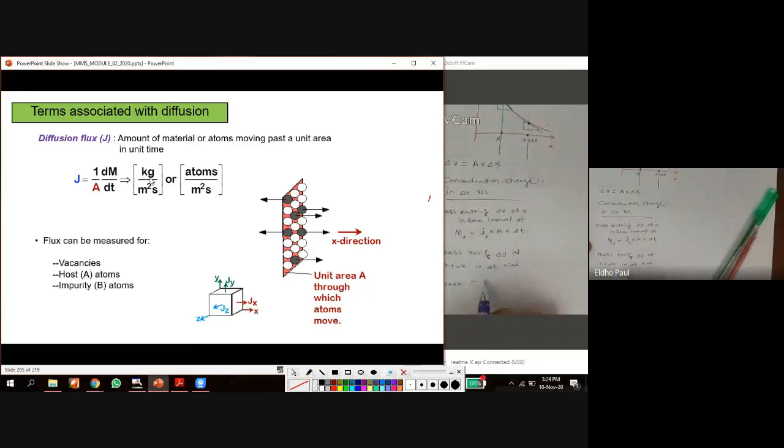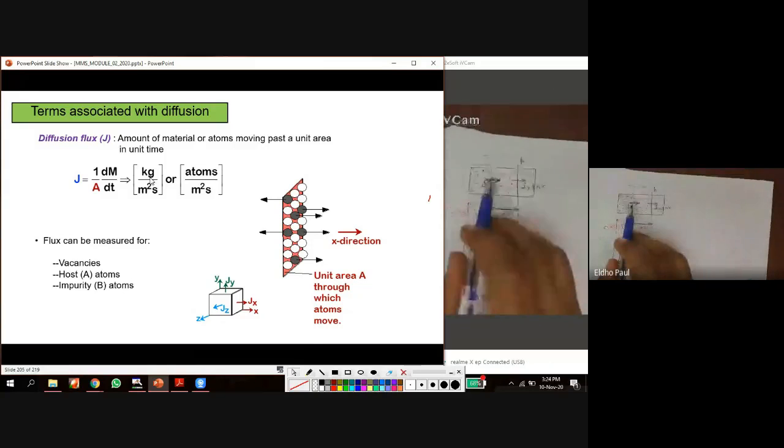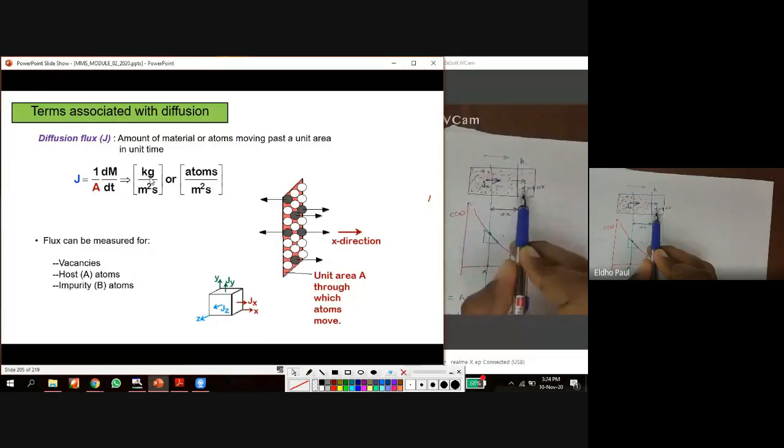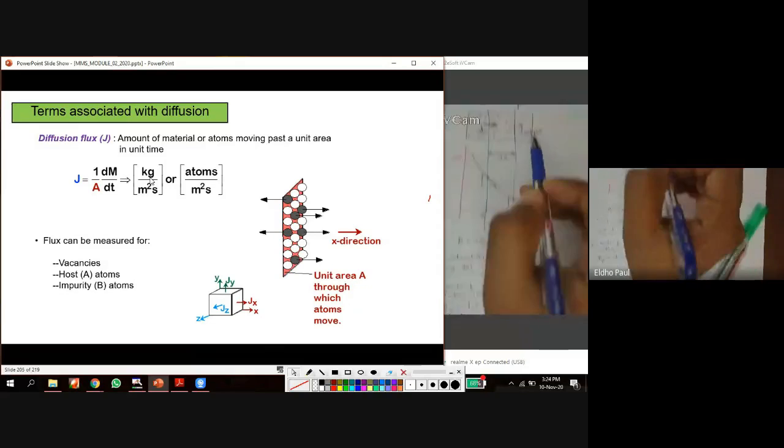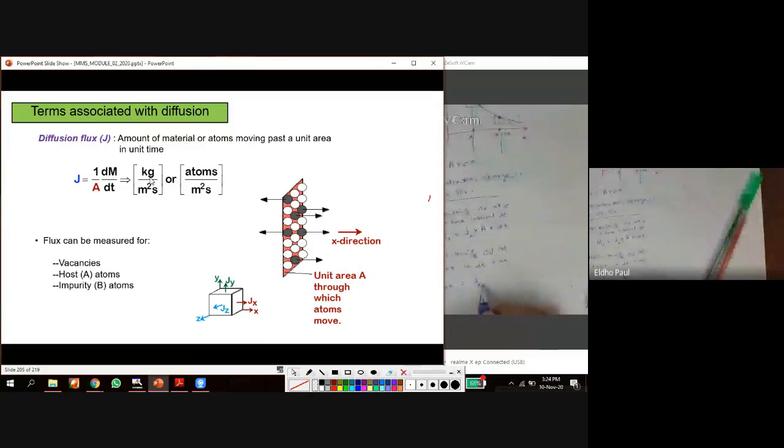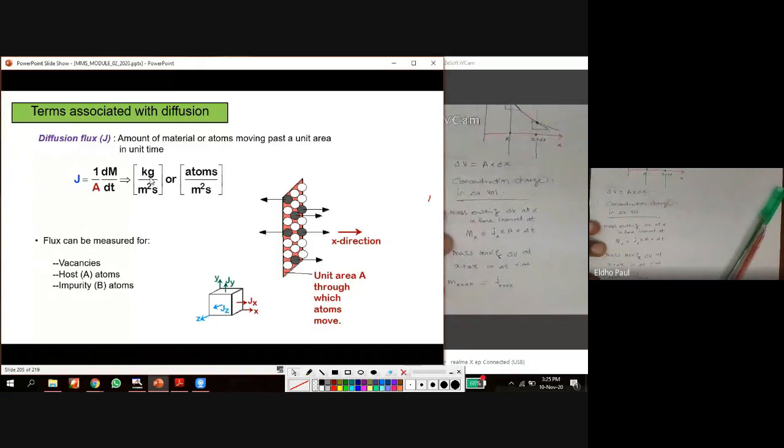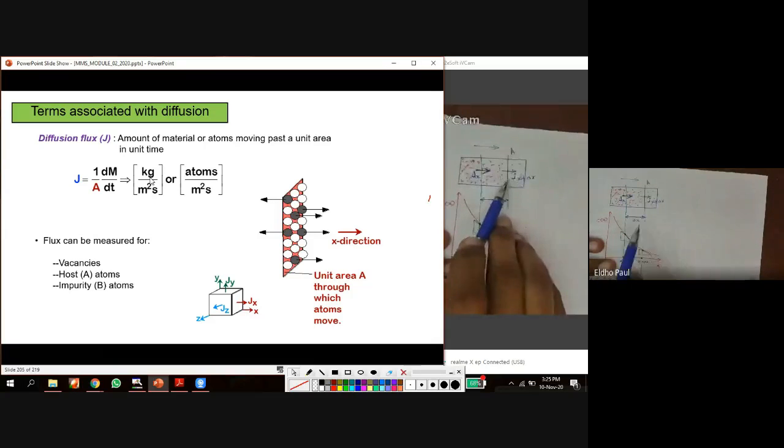Here at x it is Jx, but at x plus delta x it is Jx plus delta x, into A into delta T. That is the amount of mass leaving delta V at a time interval of delta T from this x plus delta x junction.